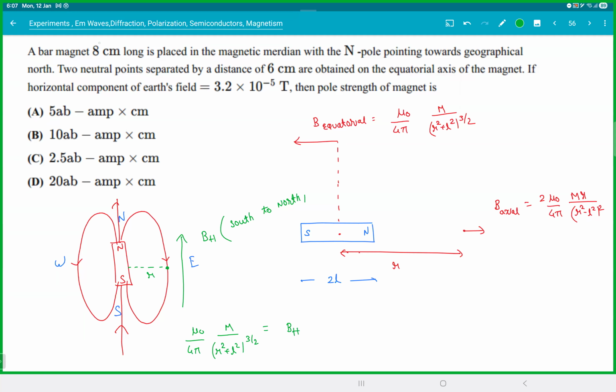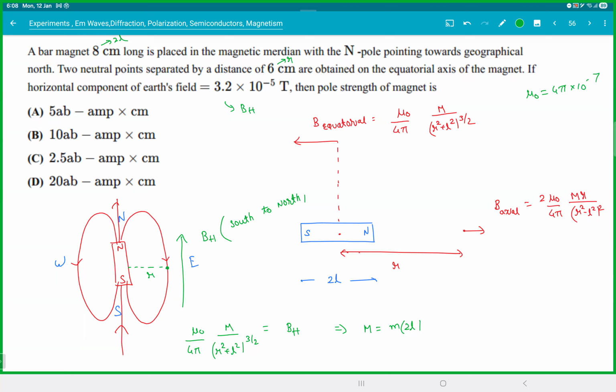You know the length of the magnet, you know the distance, everything. From there you can get the value of m. Once you get m, you say this is m into 2L, and then you're done. So here is the bar magnet, this is 2L, this is r, this is BH, everything. I hope you guys know the value of mu naught also. Mu naught is 4 pi into 10 power minus 7.